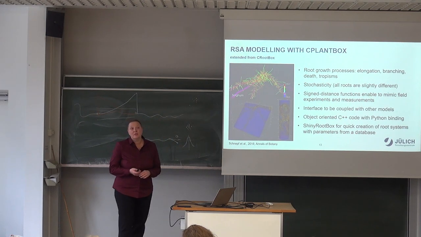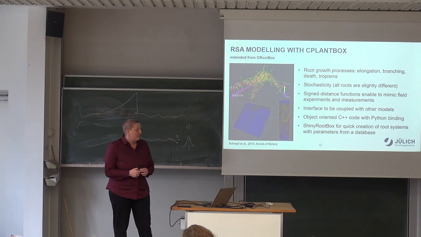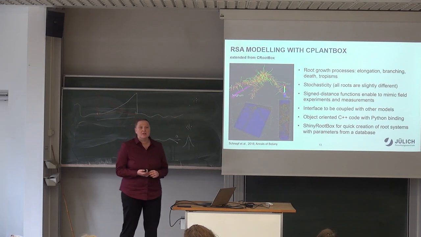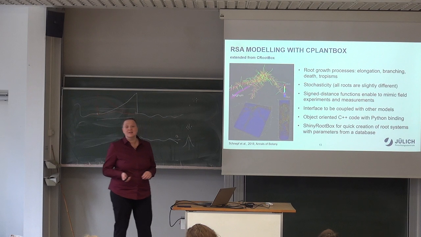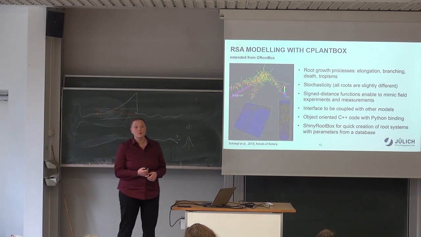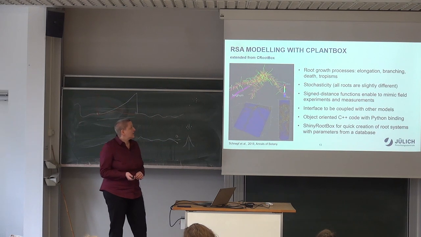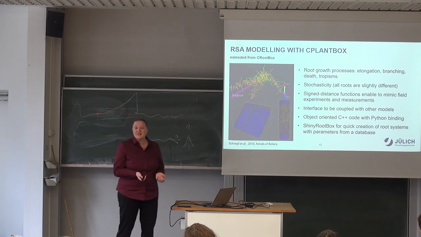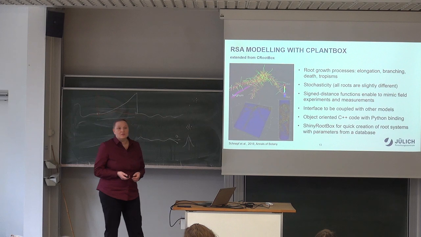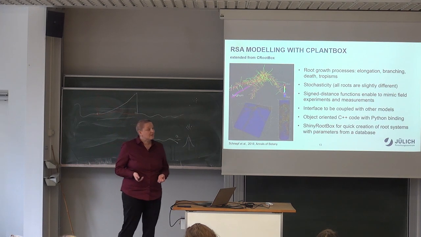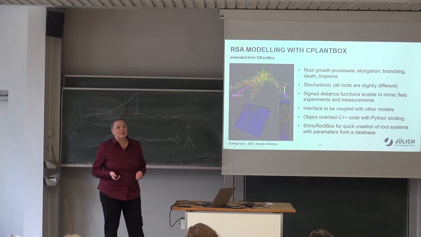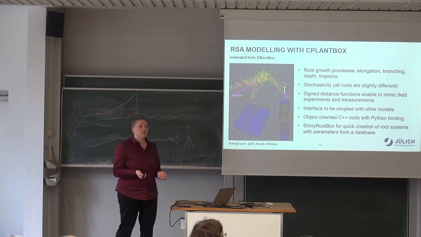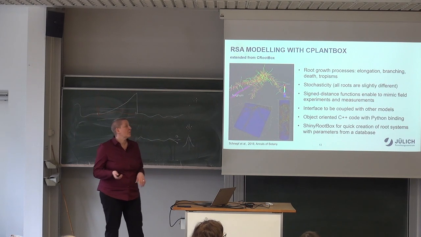And a tool that we developed at IBG3 is a model called cPlantBox, which is a recent extension from a model we call cRootBox. And we simulate root growth processes with this, for example, elongation, branching, death of the root systems, tropisms, so the change of direction which may be affected by, for example, nutrient concentrations.